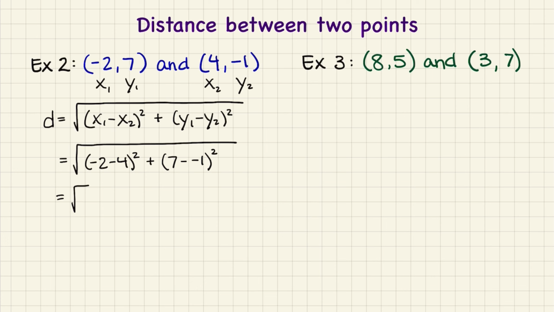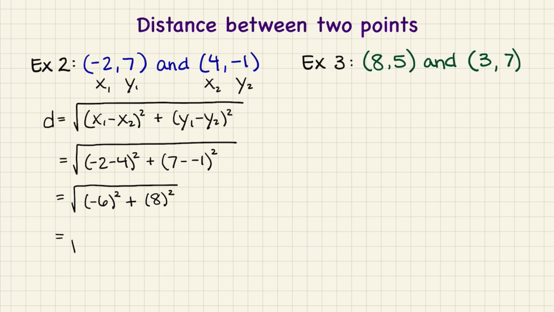And that becomes the square root of negative 2 minus 4 is negative 6. Don't forget the squared. Plus 7 minus negative 1 is 7 plus 1, so that's 8 squared.